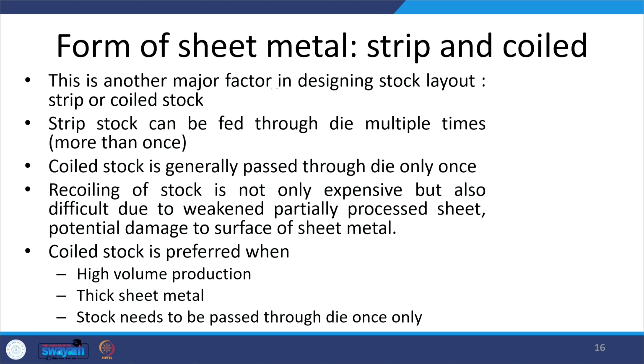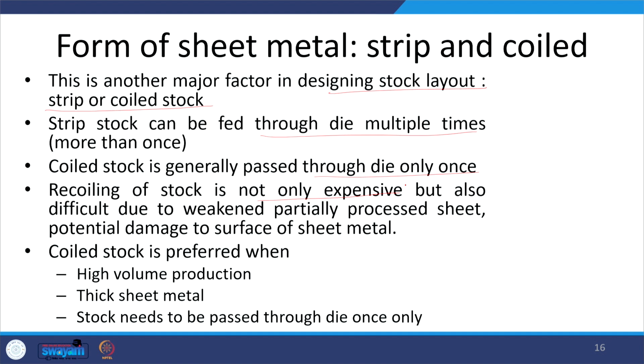This is another major factor in designing the stock layout, whether we have to use the sheet metal in the form of strips or coiled stocks. Strip stock can be fed through the die multiple times, more than one. Coiled stocks are generally fed through the die only once. Okay, recoiling is usually not done because it's expensive.